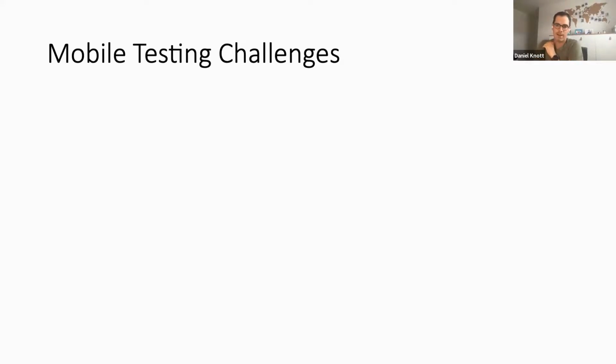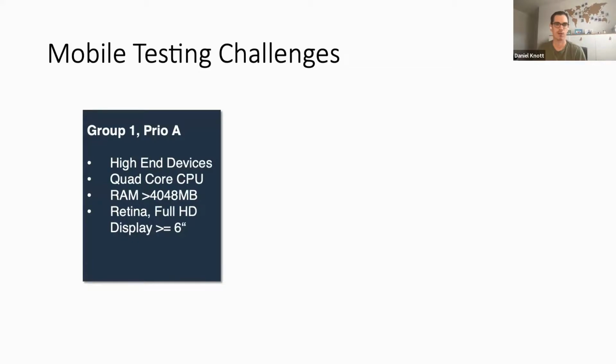What I have done in the past, in order to handle the device problem, is to group my devices, again with the help of user data and customer information that tells me what devices are used by our customers. I created 3 groups. Group 1 is highest priority. It's basically the devices that are used most by our users. In our case, at the moment, we are in a good position.